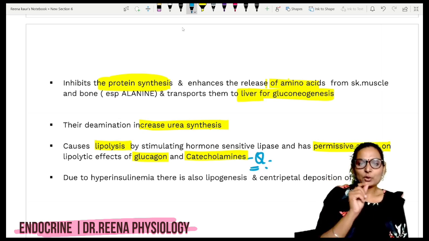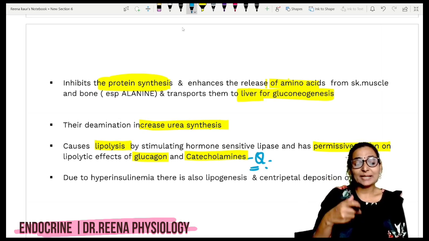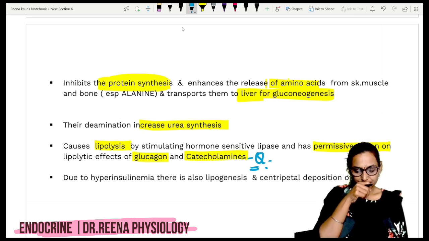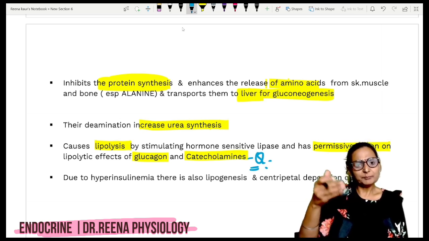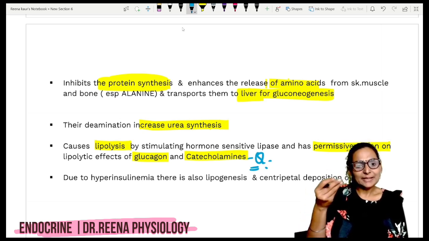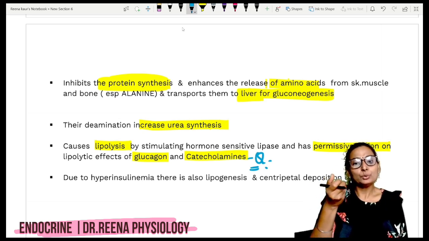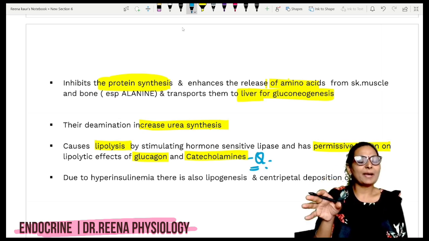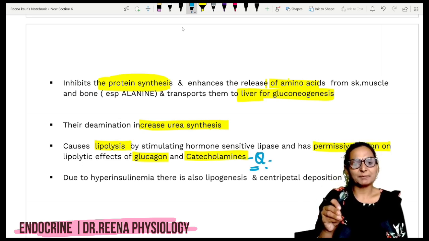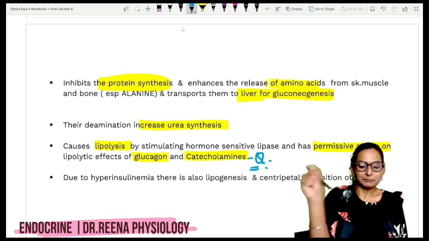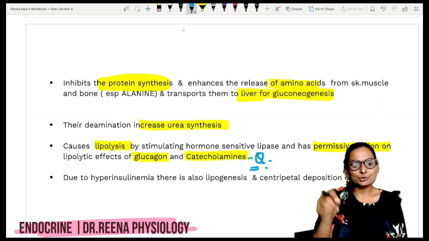Glucagon and catecholamines, so that they can bring about their action. And the breakdown of the contents is so that they can be used for gluconeogenesis, meaning protein into amino acids, fat into fatty acids. Whatever effects are very important, I'm highlighting them, and you should know them.